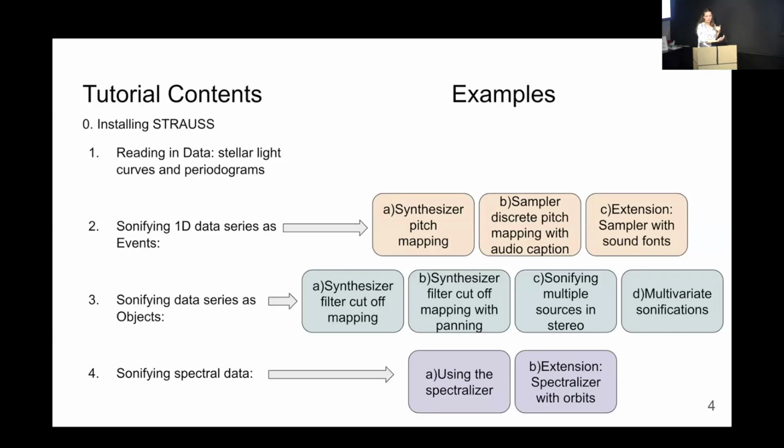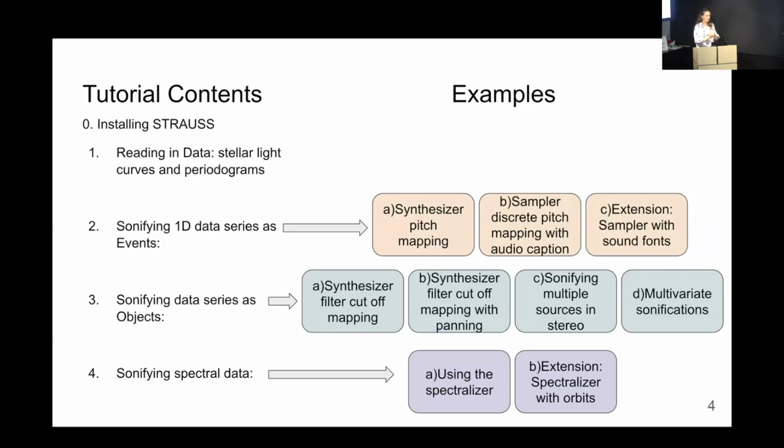This is one-dimensional time series data, flux over time. Then we're going to have a go at sonifying these as events, where each data point is played sequentially as a discrete sound, and then sonifying it as an object, where it's a continuous sound.